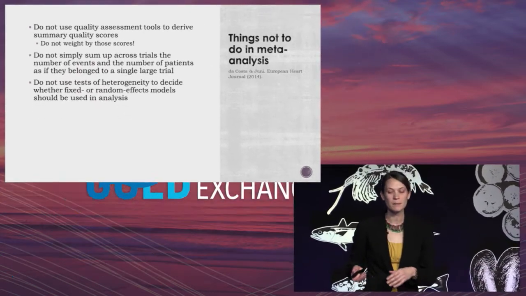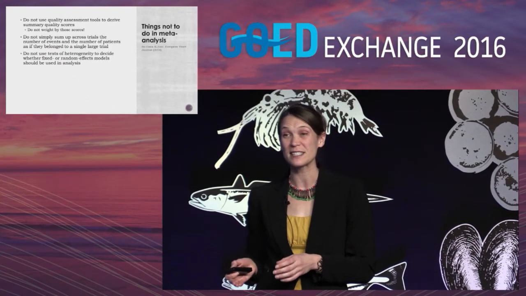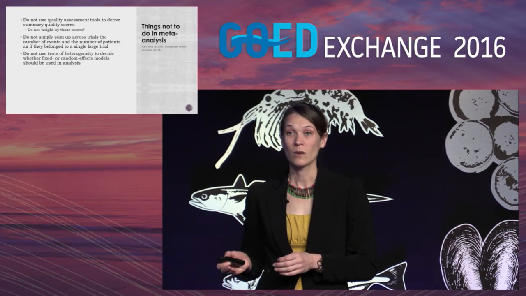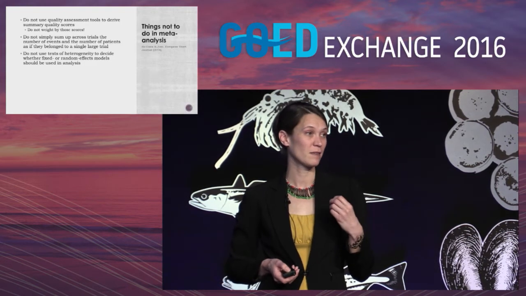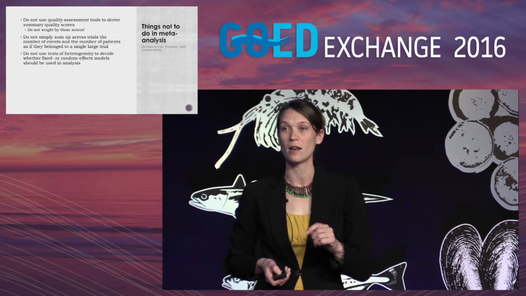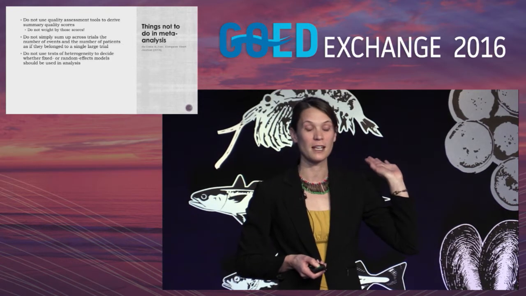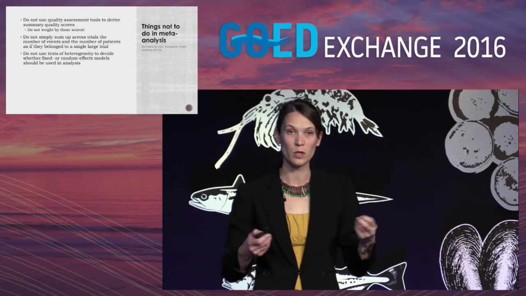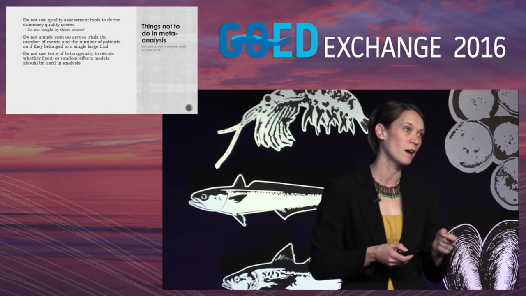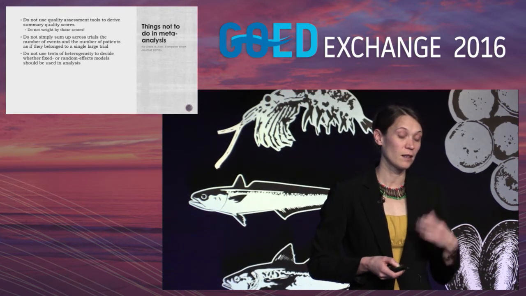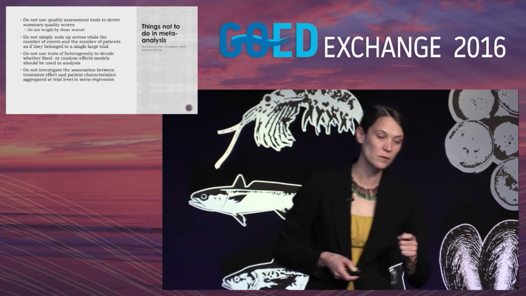Random effect means there's actually different effects in different settings in different people, okay? This is a belief. This does not depend on the heterogeneity that's measured, okay? It's what you believe is true based on the science.